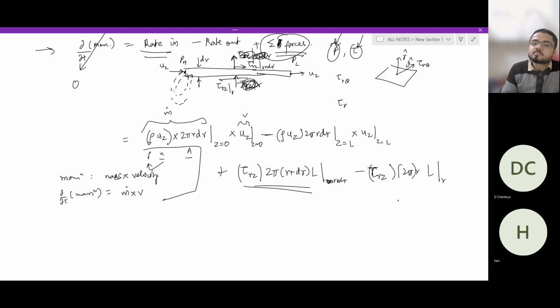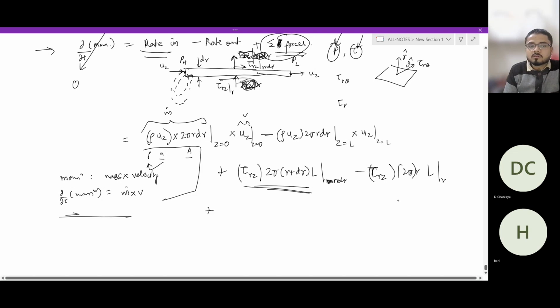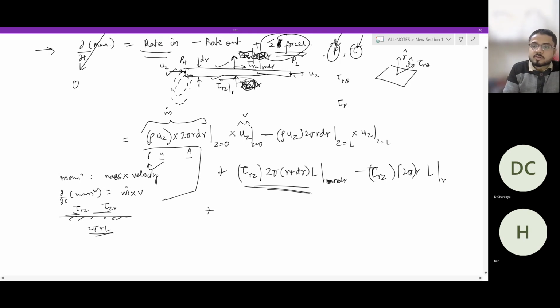Are you able to understand this expression? Okay. So this is because the tau rz is right here, and this area is 2 pi r L, the curved surface area. And now the shear stresses have been accommodated. The momentum influx and efflux have been accommodated. What is left? This, right?